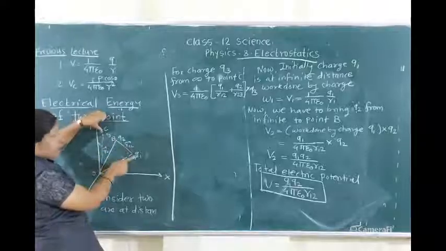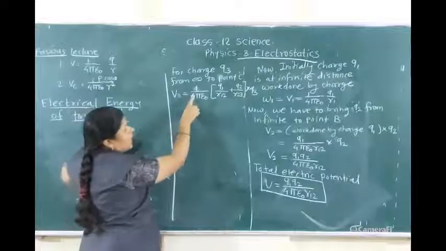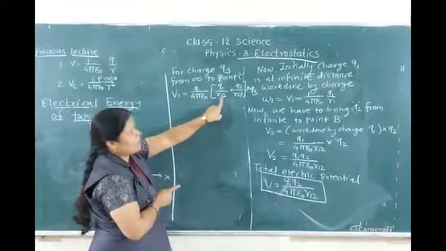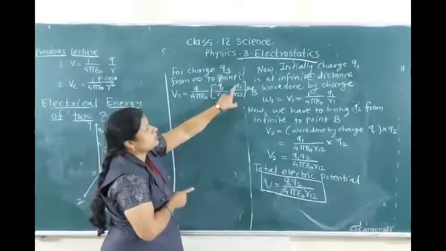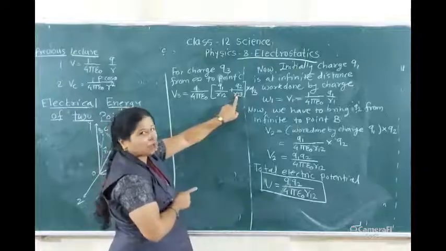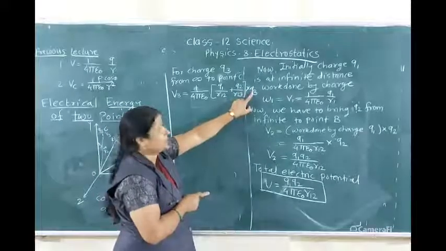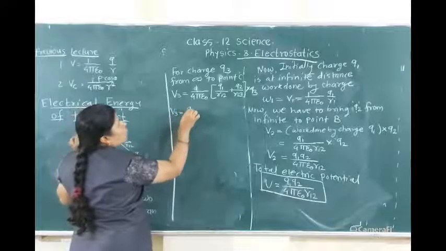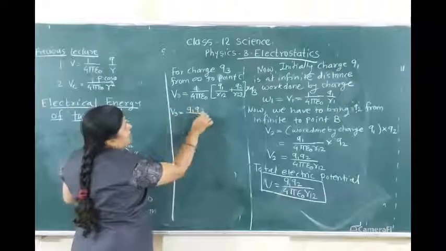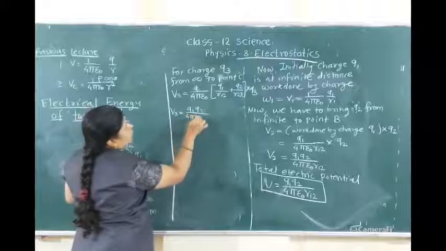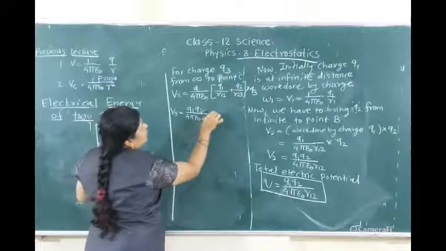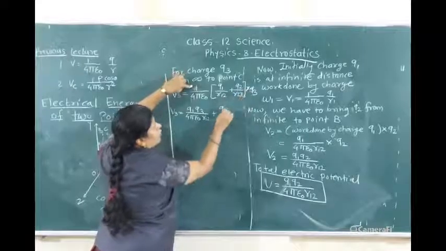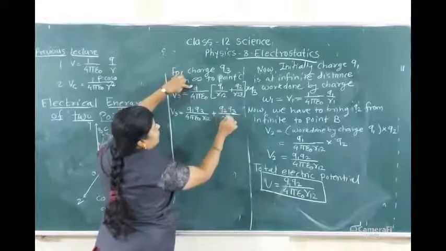So we get V3 equal to Q1 Q3 divided by 4 pi epsilon 0 R13 plus Q2 Q3 divided by 4 pi epsilon 0 R23. This is the electric potential energy of the system if there are 3 charges Q1, Q2, Q3.